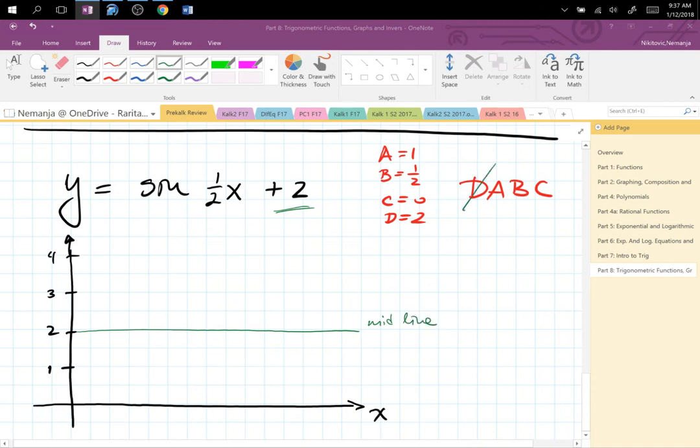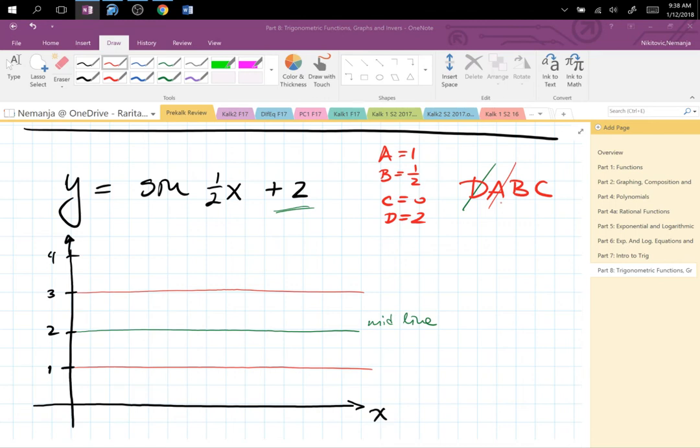And D is done. Amplitude is 1, right? In front of sine there is 1. So we are going to draw an amplitude of 1 above and below the green line, and that takes care of A, which is the amplitude.